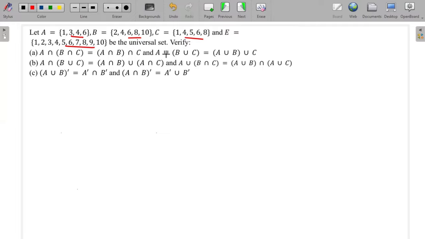All right, so the question now is: verify that A intersection B intersection C is actually the same as A intersection B and then intersection C. So this law here is called the associative law. Associative law simply means that it does not matter which pair you start with.